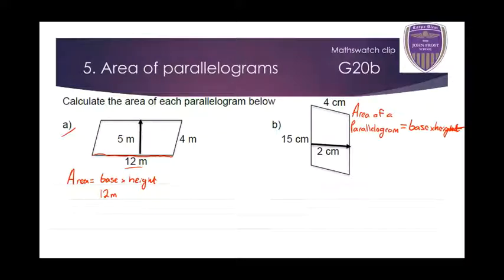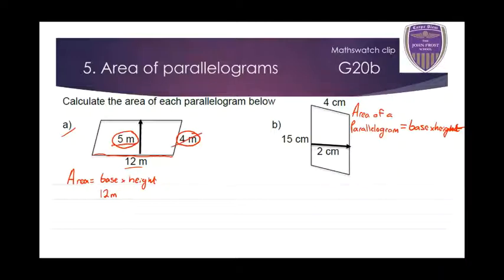Now we've got two different options for the height of this parallelogram, okay? But if you think back, just like with triangles, the true height of the triangle is the line that is going straight up. It's not diagonal, it is going straight up. And hopefully you can now see that the distance that is pointing straight up on this shape is the 5 meters.